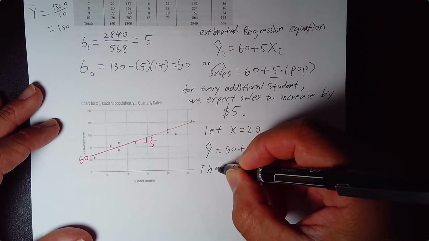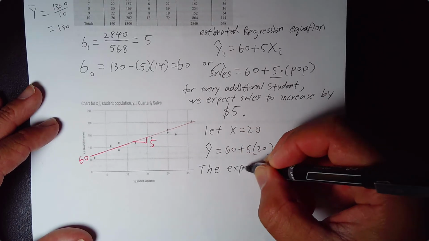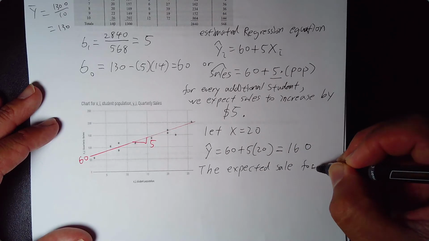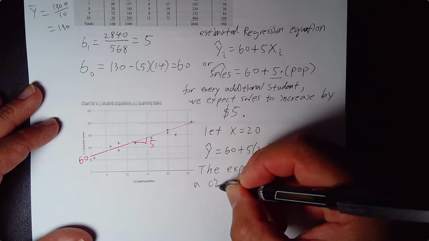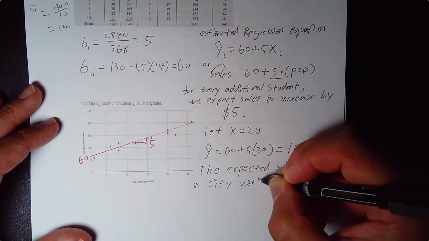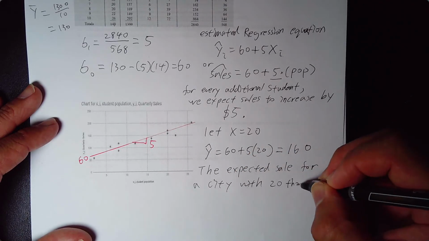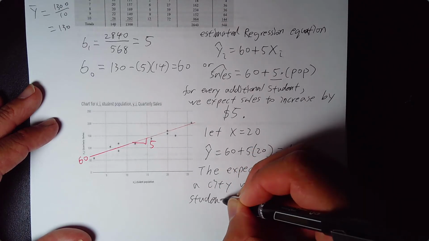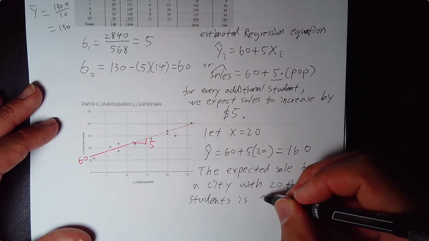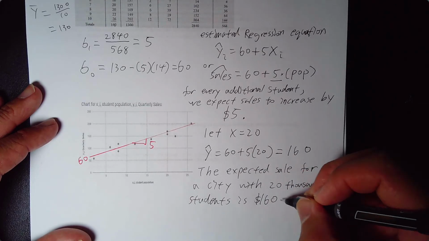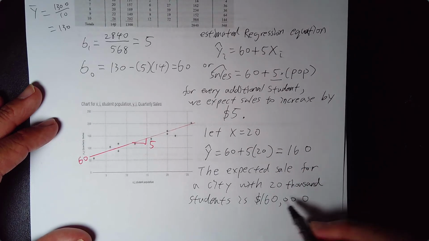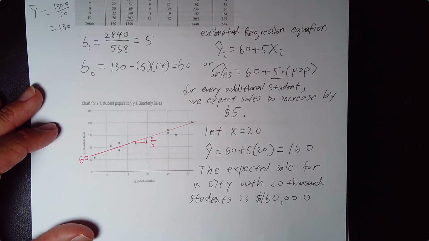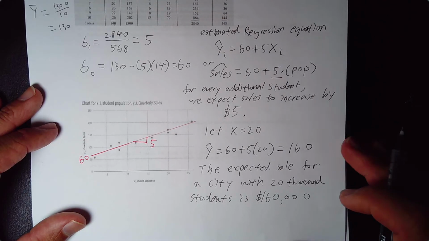We say the expected sales for a city with 20,000 students is $160,000. I'm saying thousand because the original data set is expressed in terms of thousands.